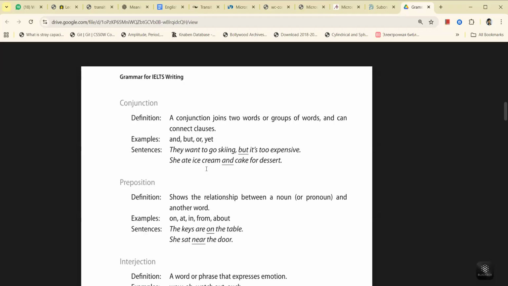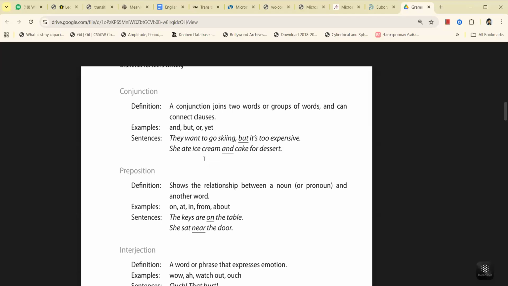In simple words, a conjunction joins two words or groups of words. Examples: but, and, or, yet.